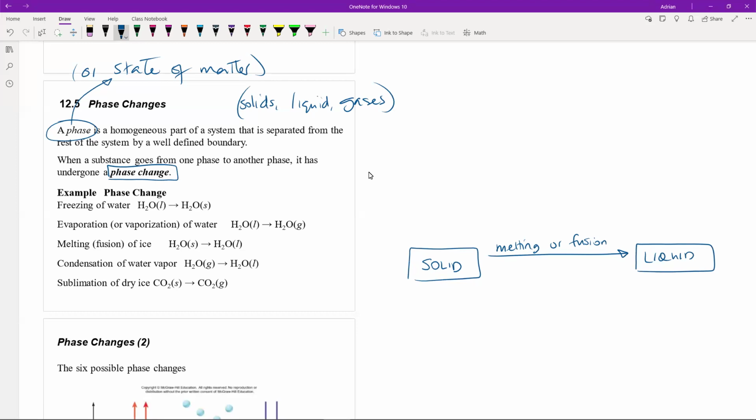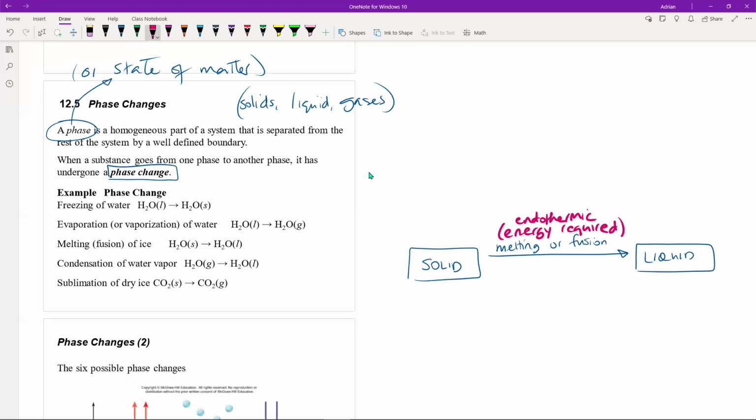And as you can imagine, energy is needed for that process to happen, right? So energy is required, and we can provide that energy in the form of heat or thermal energy, so much so that we can refer to it as endothermic, right? The energy needed.